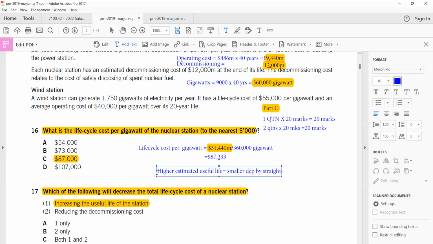They're talking about useful life, so it's straight line. If there's a higher estimated useful life, smaller depreciation, then what happens? There's going to be a higher operating cost. Sorry, there's going to be a smaller operating cost, because at the end of the day, the depreciation is part of the cost.